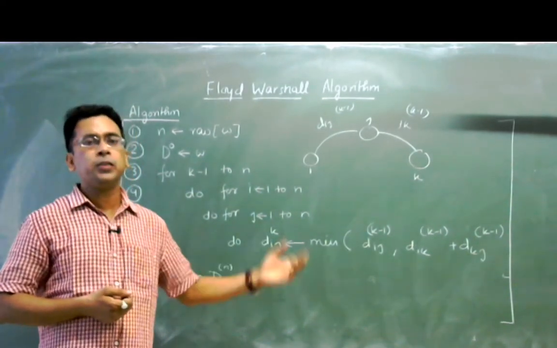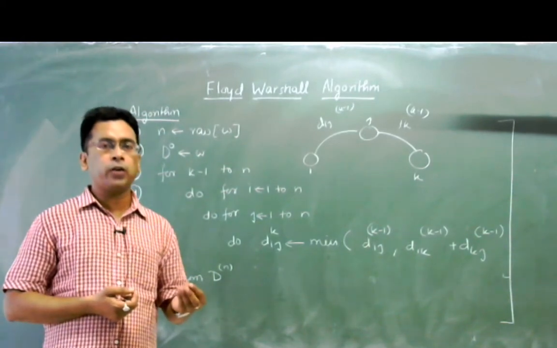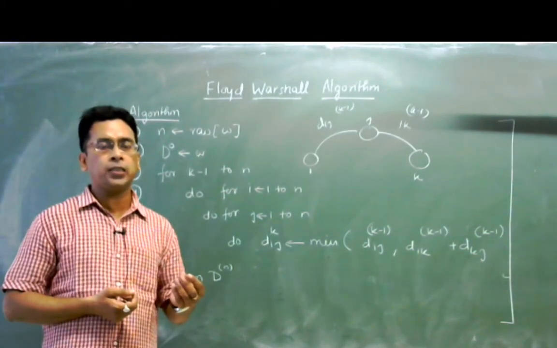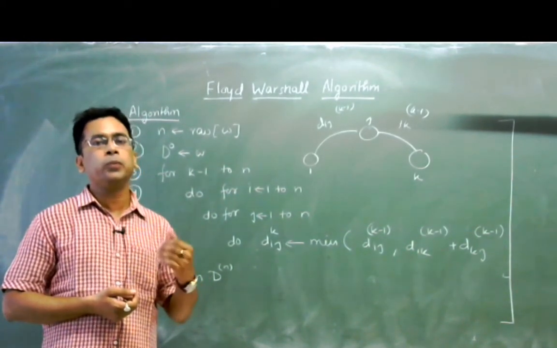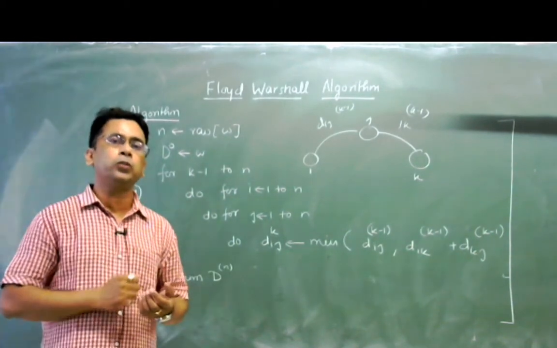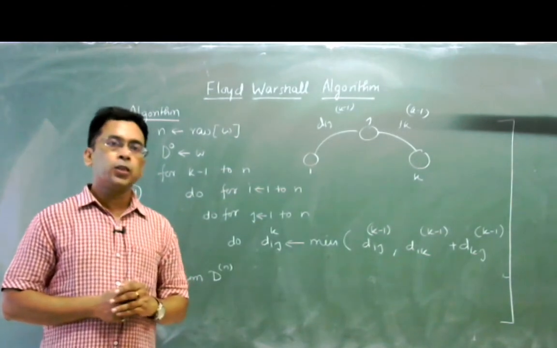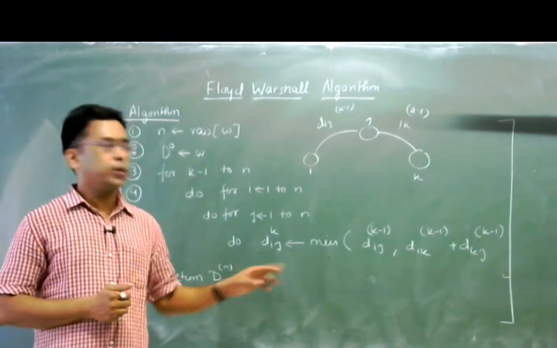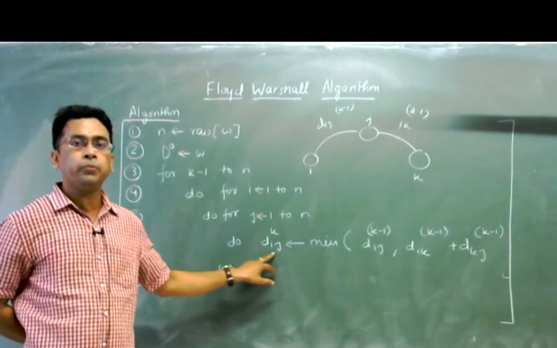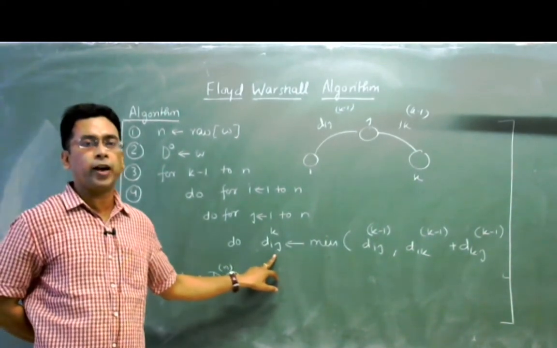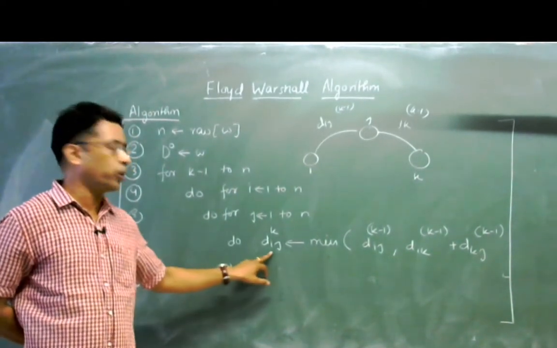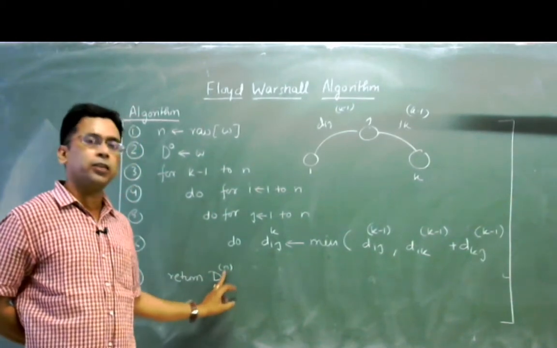Similarly, 3 means you can use vertex 1, vertex 2, or vertex 3, or their combinations. You may simultaneously use 1, 2, 3 to find new paths, or 1, 2, or 2, 3, or 1, 3, like this. So in this algorithm, this expression represents that the D matrix is modified, and after each modification you get the next iteration of the matrix.